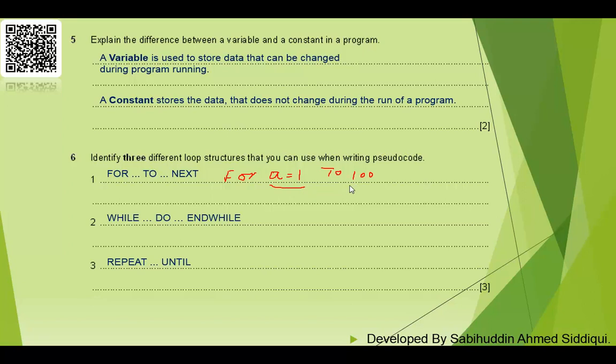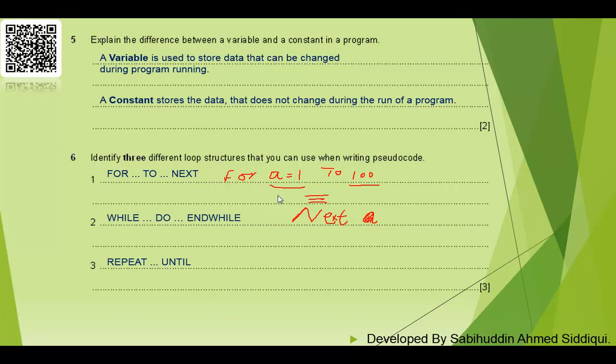And then this is the body or statement, and then you have next, next A. This is the for loop.